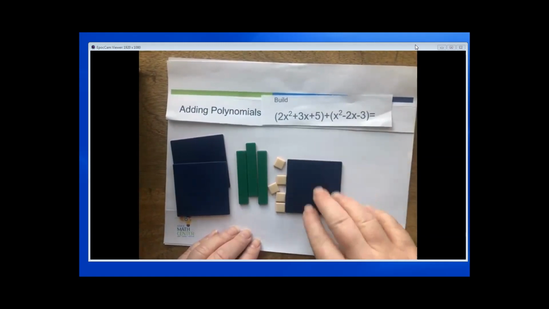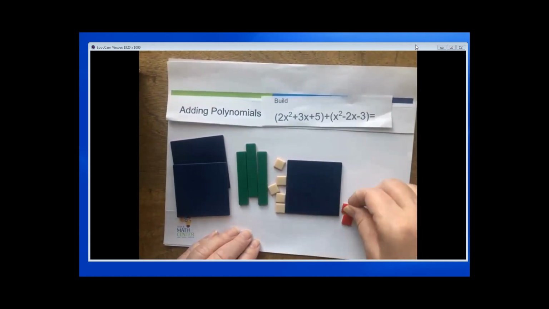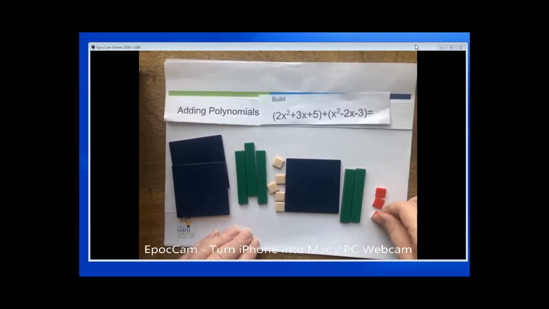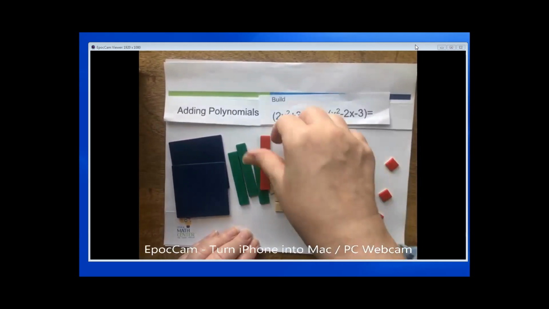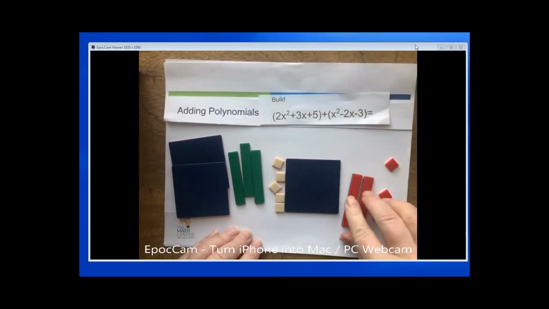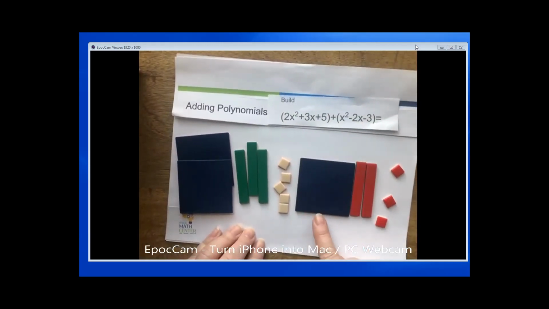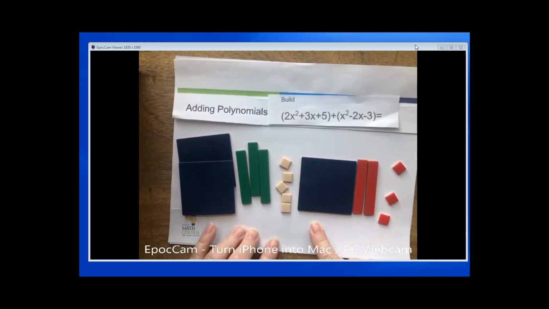x squared minus 2x, sorry, 2 x's. And that should be minus 2, so we'd want those to be negative x's. Okay, so this can look a little intimidating, but when I see this, I can actually visually see there's a lot of like terms here.